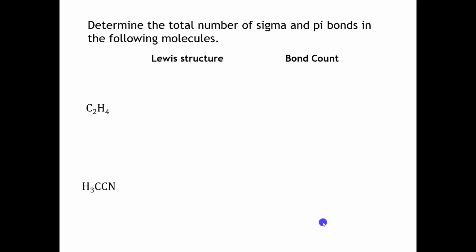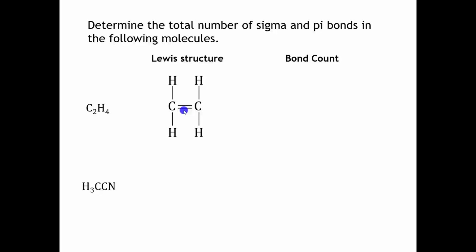Welcome back. All right, let's start with the C2H4 molecule. The Lewis structure for this molecule is something like this. Each carbon has 4 valence electrons, and each hydrogen has 1. So there's 12 valence electrons in this molecule, and that's enough to make 6 bonds, which I've drawn here, and that puts a double bond between the 2 carbon atoms.